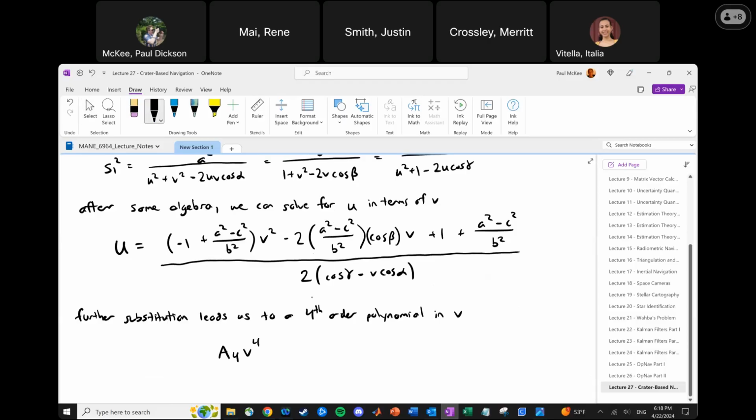A4 v to the 4th plus A3 v cubed plus A2 v squared plus A1 v plus A naught is 0.